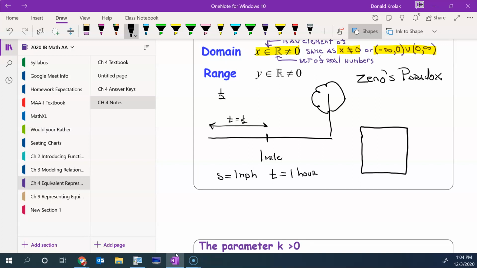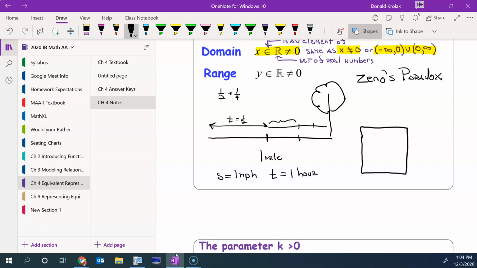Then if from this point I cut that in half, how much time has expired? A quarter. So half an hour, a quarter of an hour.